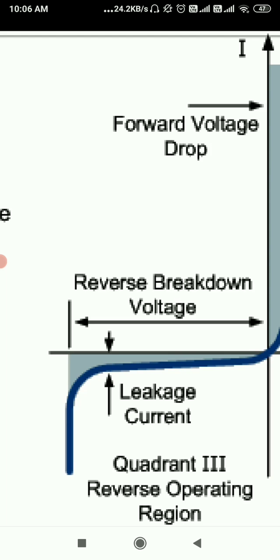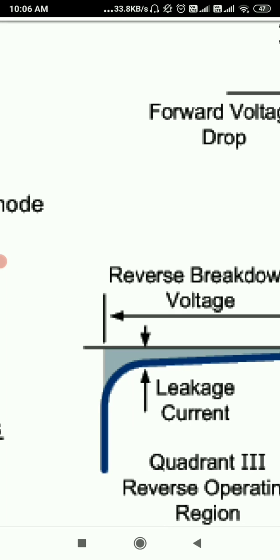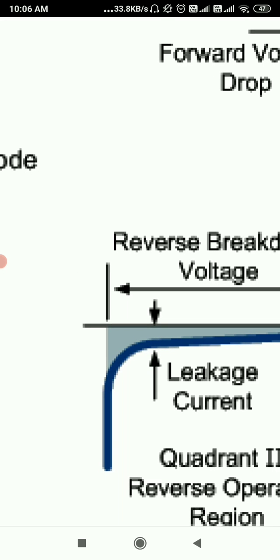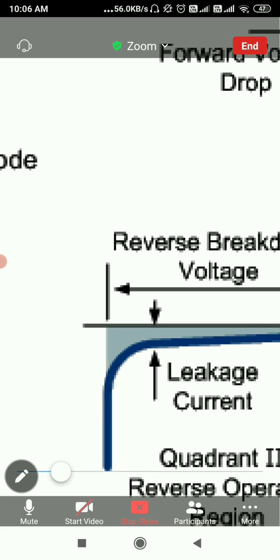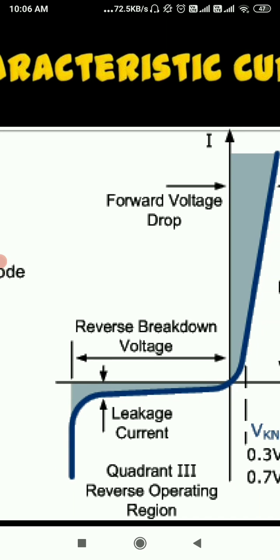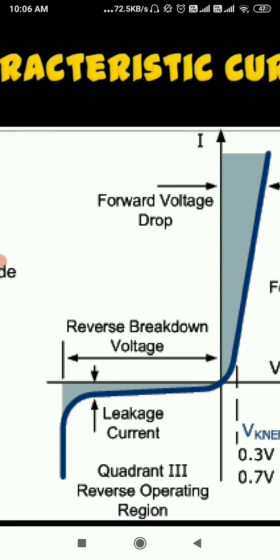And when the given reverse voltage goes to the breakdown point, you can see here at some point the amount of current will increase. That voltage we are saying as a reverse breakdown voltage. When the value of the given negative voltage reaches that point, at that time there will be a sudden increment in current.